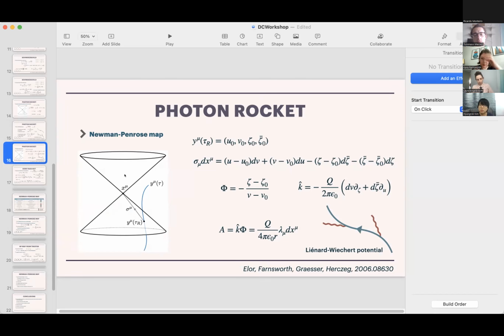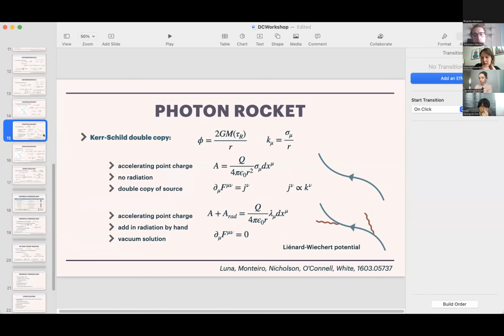I don't know the deeper reason, but we're going to get the vacuum solution, and the Liénard-Wiechert potential is a vacuum solution of Maxwell's equation. I see. So automatically it had both parts because of that. Right. And in this case, when they don't have the radiation field separately, on the gauge theory side, they have a non-vacuum solution for Maxwell's equation. I see. Thanks.